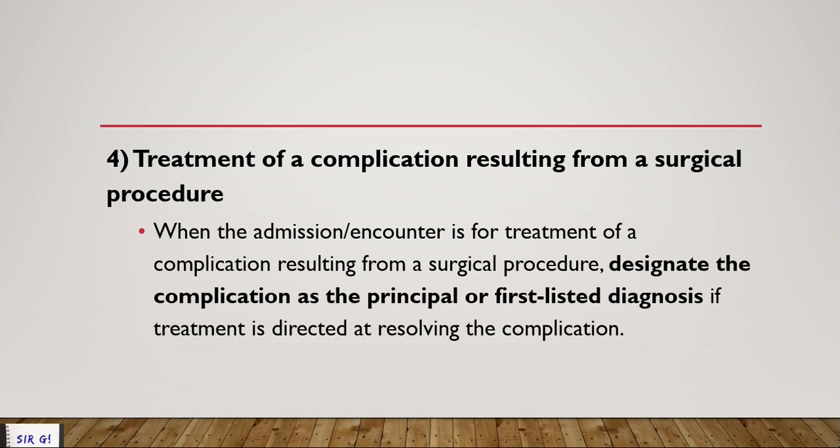As I always mention, every time you see the word complication, the first code should always be the complication code. When the admission encounters for the treatment of the complication resulting from a surgical procedure, designate the complication as the principal or first listed if the treatment is directed at resolving the complications.